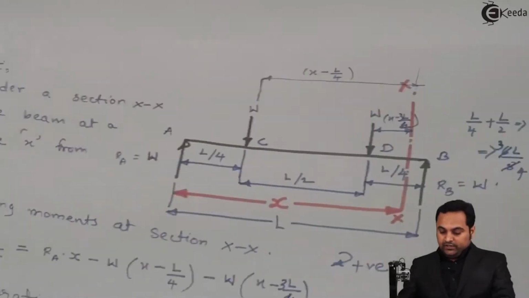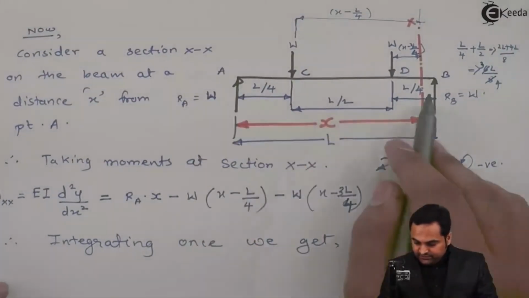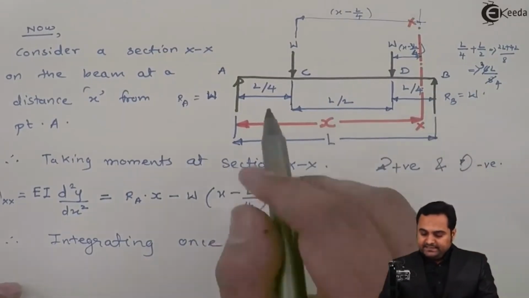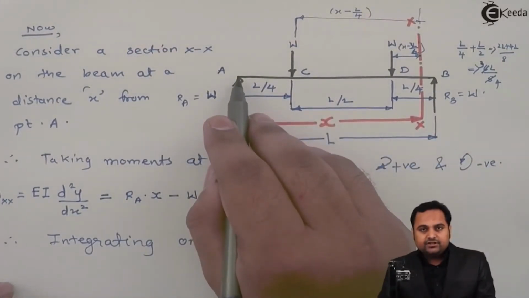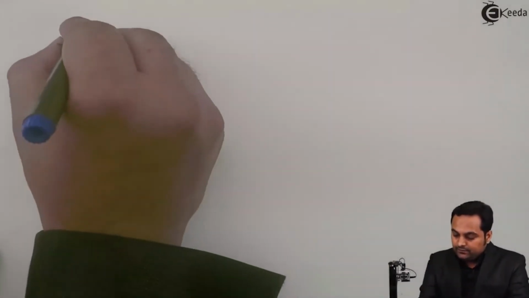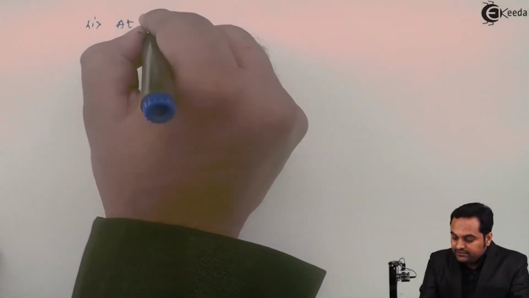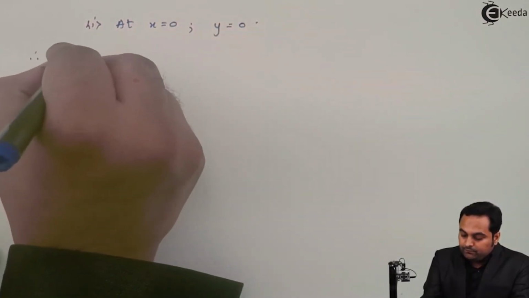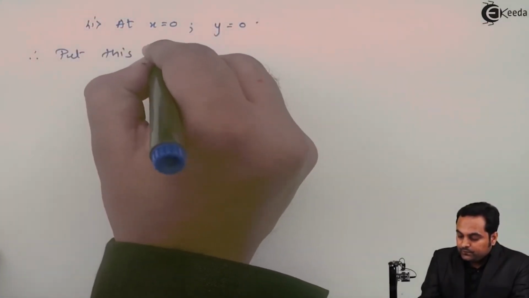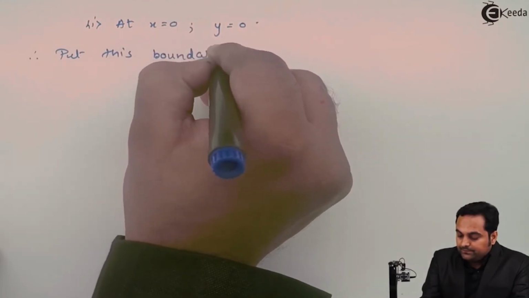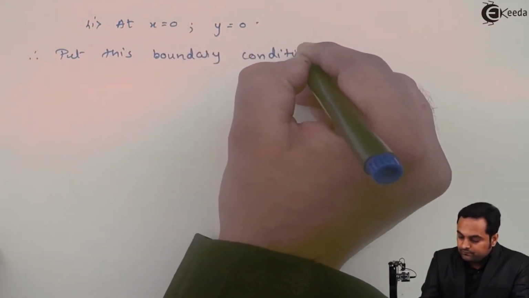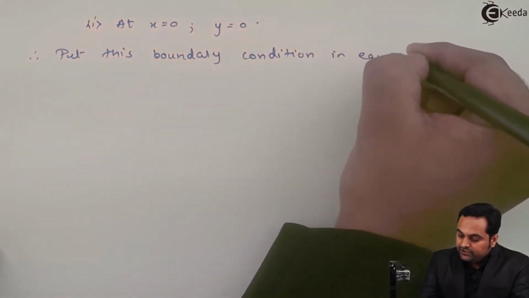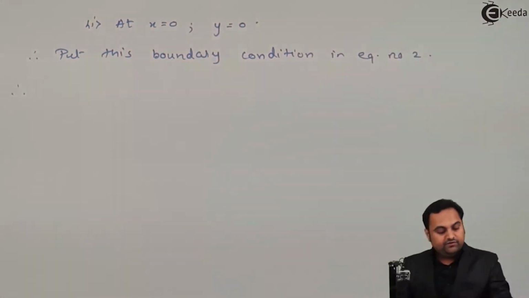Now, what are those boundary conditions? When we have the diagram of this simply supported beam, I can say that at point A, the deflection is 0 because it is supported here. So the first boundary condition is, at distance x equal to 0, the deflection y is 0. So therefore, put this boundary condition in equation number two, that is the deflection equation we have got.